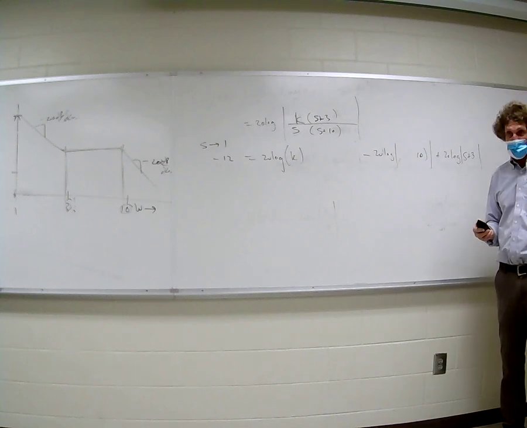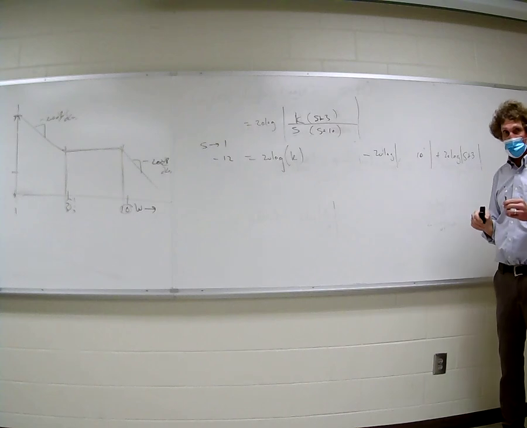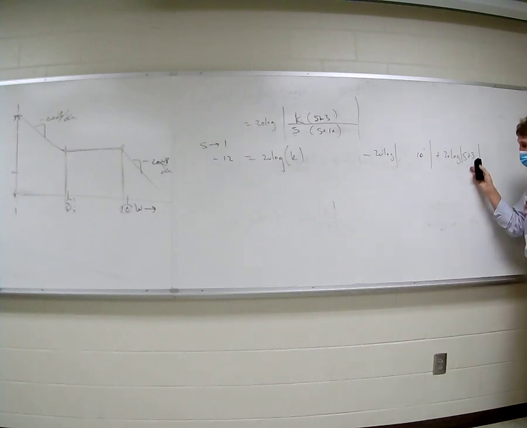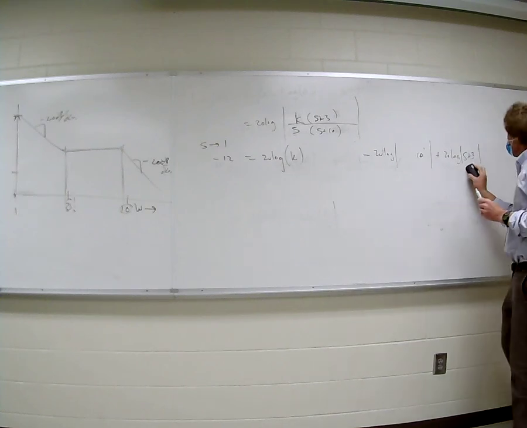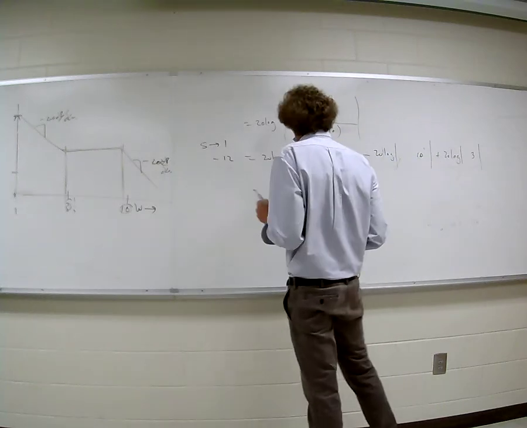The way I'm showing you requires you to add the constants here. So there's a log of 10 here. What about here? When s is 1, we still ignore this value, but there's still a 3. So we've got s is 1. 1 compared to 3 is much less, so we ignore the imaginary term, the j3, and we just put 3. And all that is equal to minus 12. Correct?